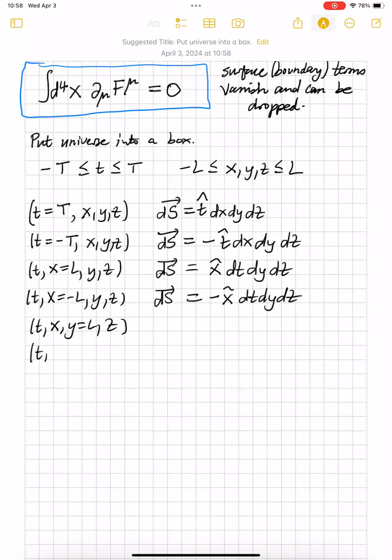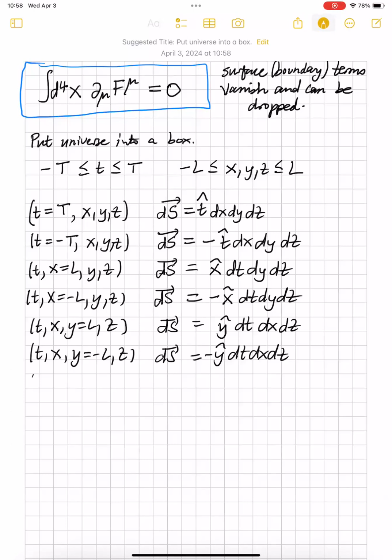Another side at y is equal to minus L. And the volume elements for these two sides are as follows: y hat dt, dx, dz, and minus y hat dt, dx, dz.